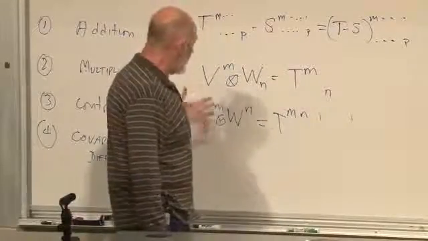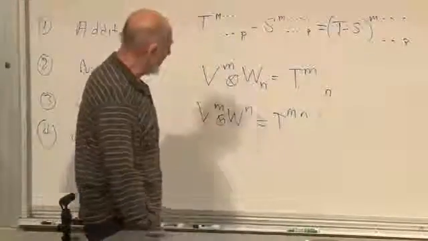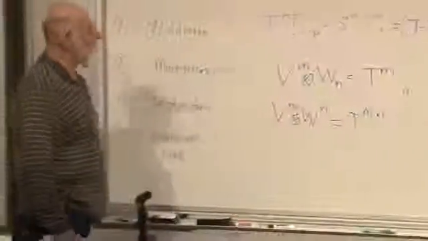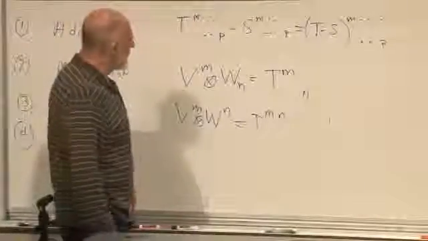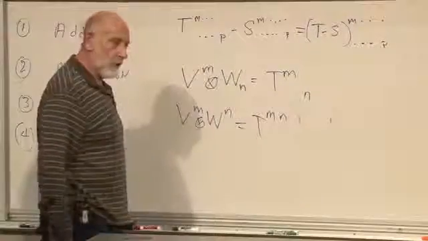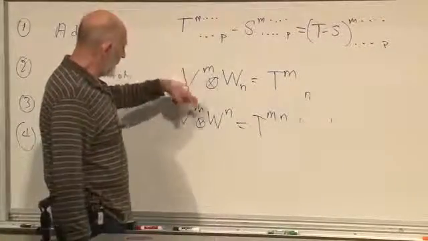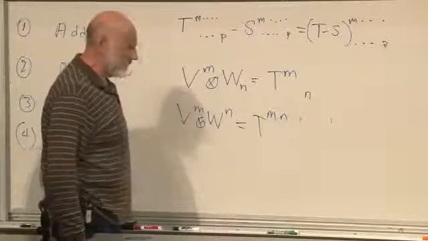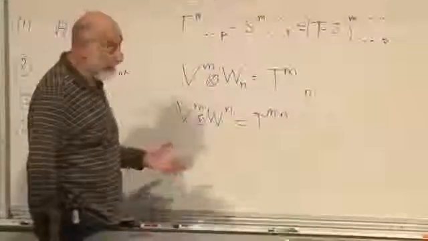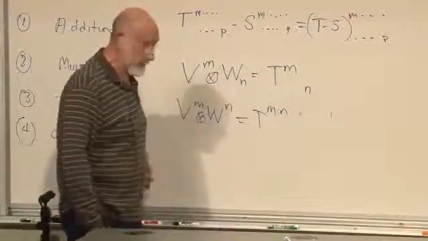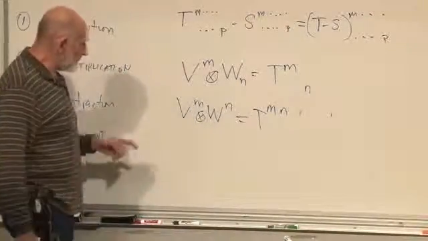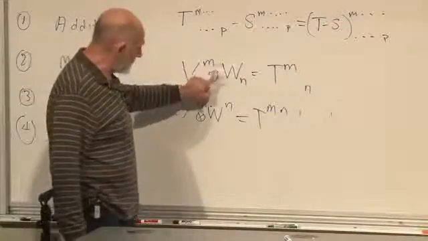How many components does this object have? Well, we're going to be interested in four-dimensional space-times. Let's say the number of values that m can take on is 4. In 3 dimensions, it would be 3. But in 4 dimensions, this would have 16 independent components, 4 for this and 4 for that.